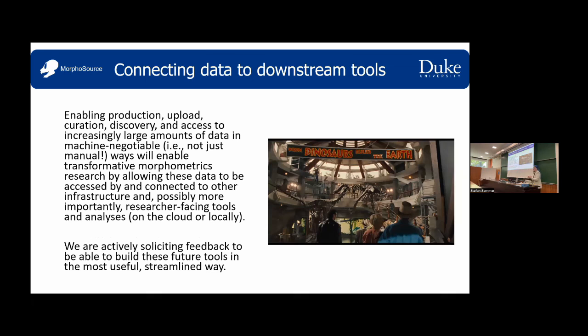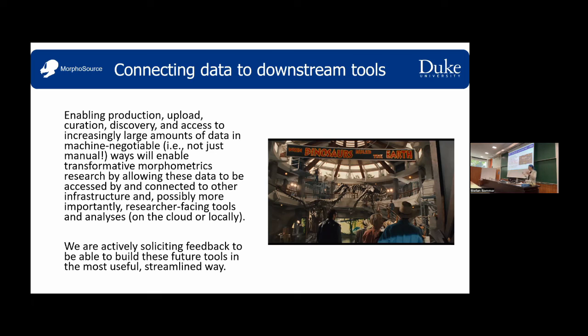All right, this is really just my conclusion slide. It is our belief that enabling production, upload, curation, discovery, and access to larger and larger amounts of data in machine negotiable form, by which I mean machine readable, but where you could also give a researcher a tool that allows them to very quickly gather lots of data, because the human element always has to be part of it.